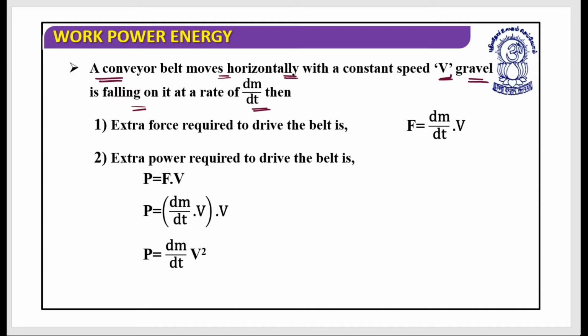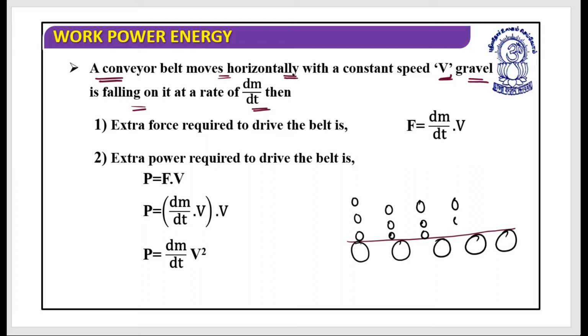So the situation is, this is a conveyor belt, and there are rollers or wheels on which this conveyor belt slides, and on this belt gravels are going to be dropped at a rate of dm by dt, something like this.